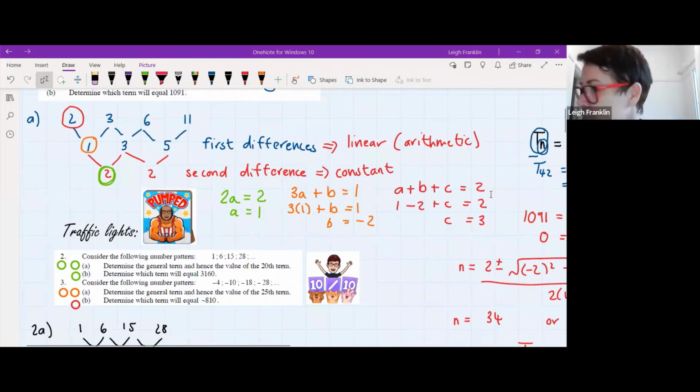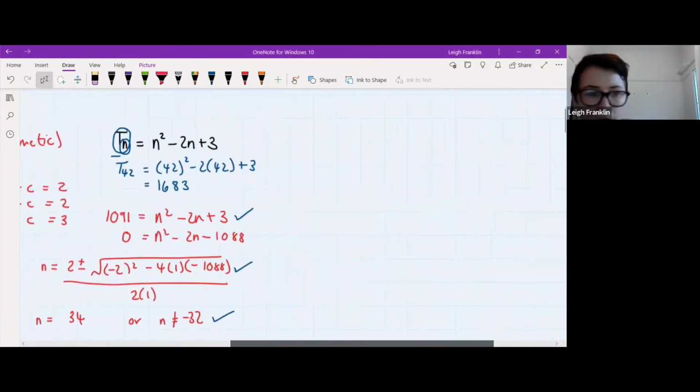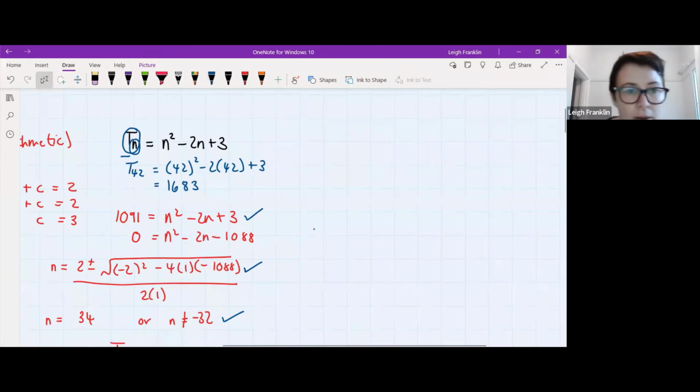Yes, September. In the quadratic equation formula, the coefficient of the n squared term is A. The coefficient of the n term is B. If you look at our previous example, in this case A would be equal to 1, the coefficient of the n squared term.